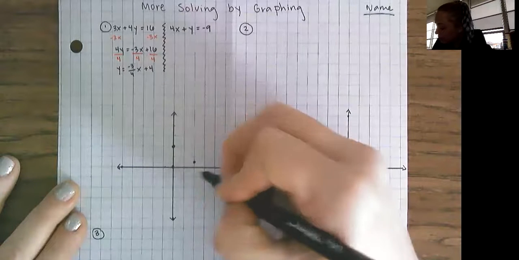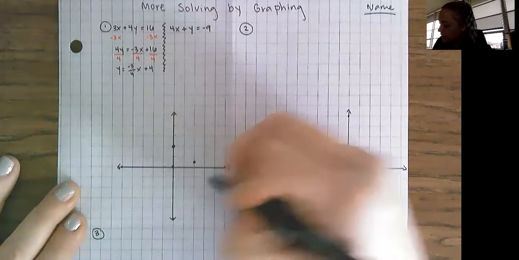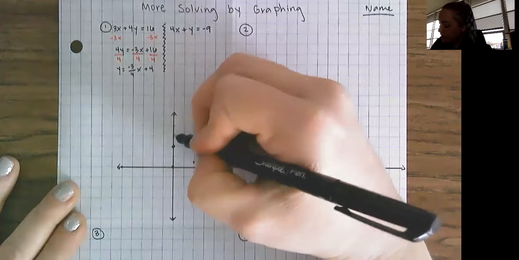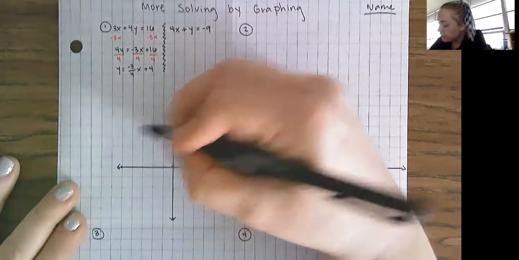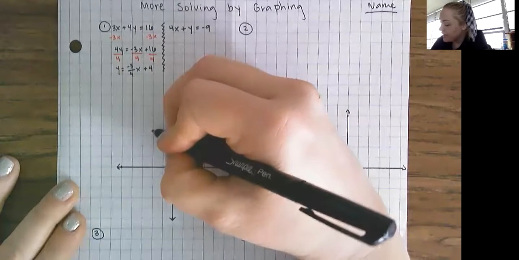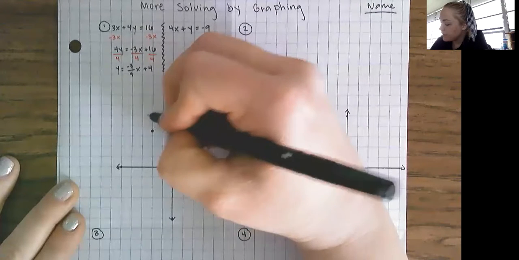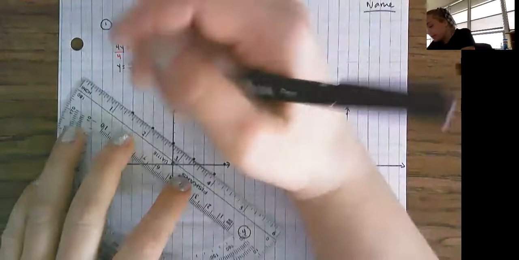I can go down 1, 2, 3 to the right, 1, 2, 3, 4. I can go back to the center, up 1, 2, 3 to the left, 1, 2, 3, 4. And I can fit one more up. 1, 2, 3 to the left, 1, 2, 3, 4. All right, so we have a nice looking line that I'm going to connect the dots on.